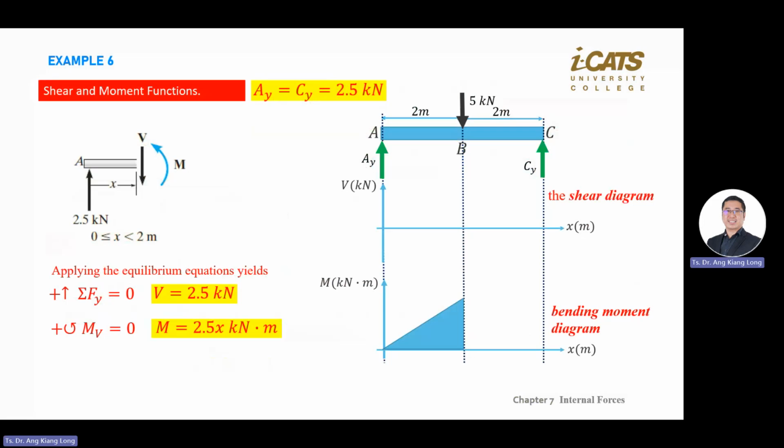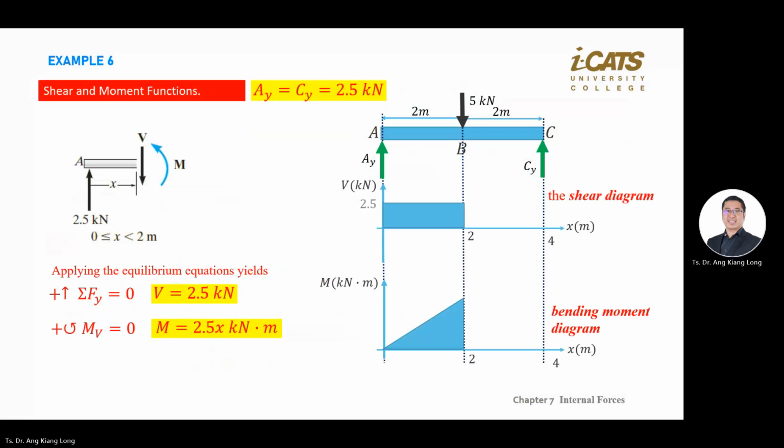Okay, so how to draw V equal to 2.5 kilonewton from x equals 0 to 2? This is your Y versus X. If your Y equals 2.5, how to draw? It's a straight line, like this.